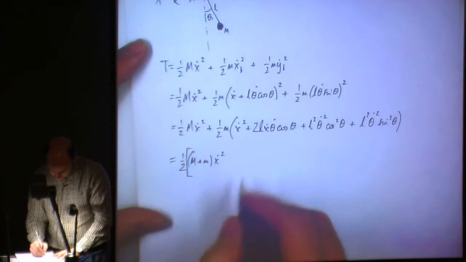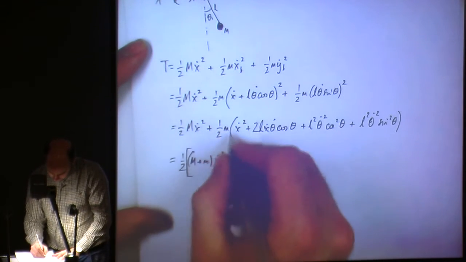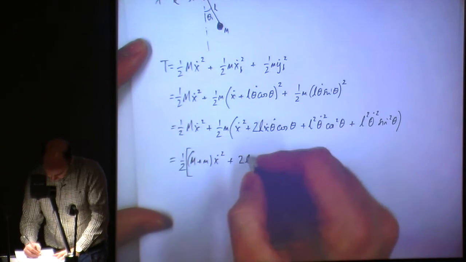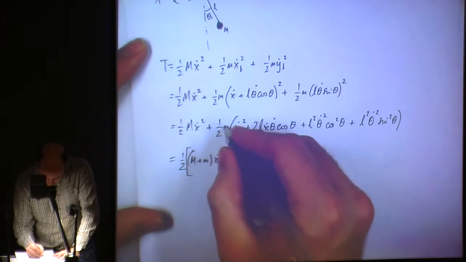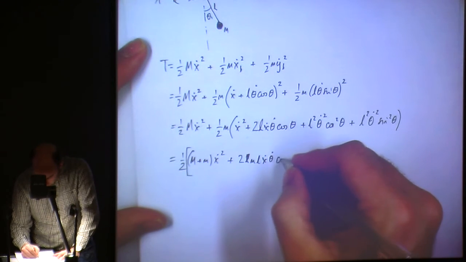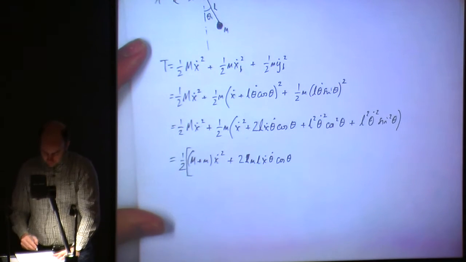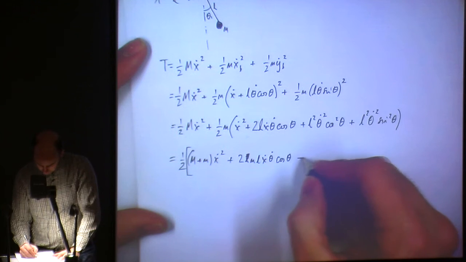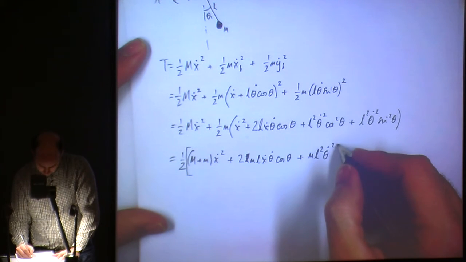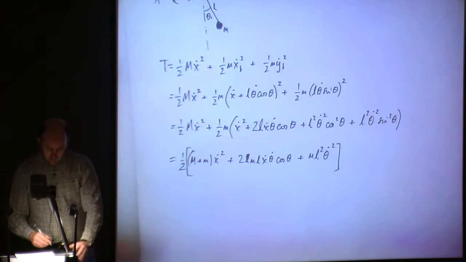So that's that half taken into account. And we've got plus this term, plus 2, sorry, I've got to take the m into account, m L x dot cosine theta, plus m L squared theta dot squared. That's my T.